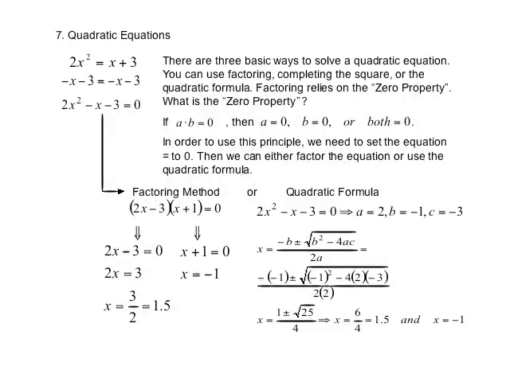Since we know what a, b, and c are, we just plug those into this formula and evaluate it. We get x equals 1 plus or minus the square root of 25 over 4. That simplifies into either x equals 6 divided by 4, which is 1.5, or x equals negative 4 over 4, which turns out to be negative 1.